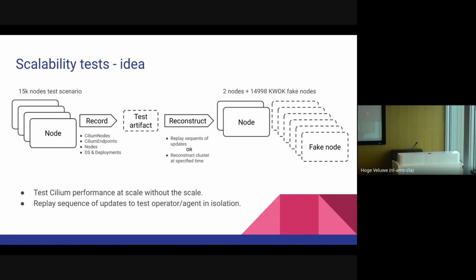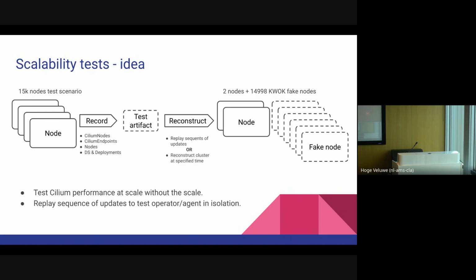Then I record all the changes, and I can specify whether it's for a specific namespace or with a specific label. It's all configurable. Then I create a test artifact. So I run those very expensive tests, like 15K, 30K, 65K, whatever. And then I get this test artifact that in theory I could share with the community, and this tool could be used by anyone, so anyone could share.